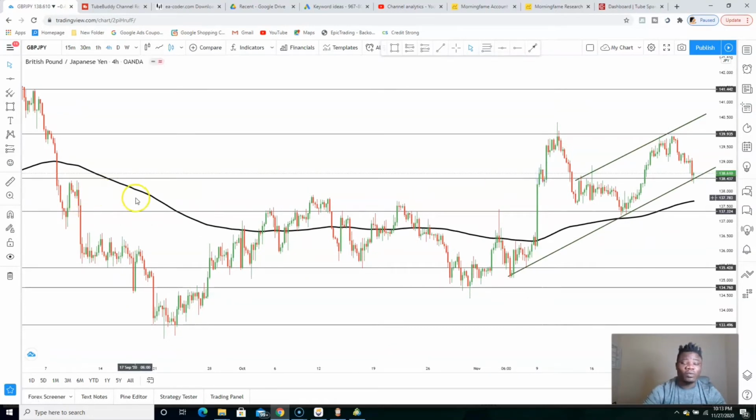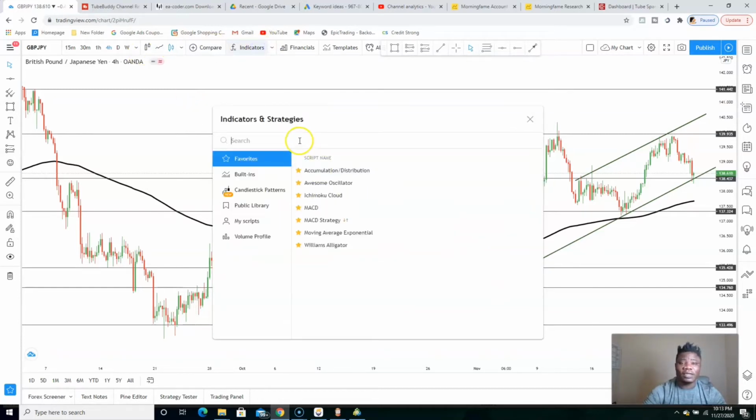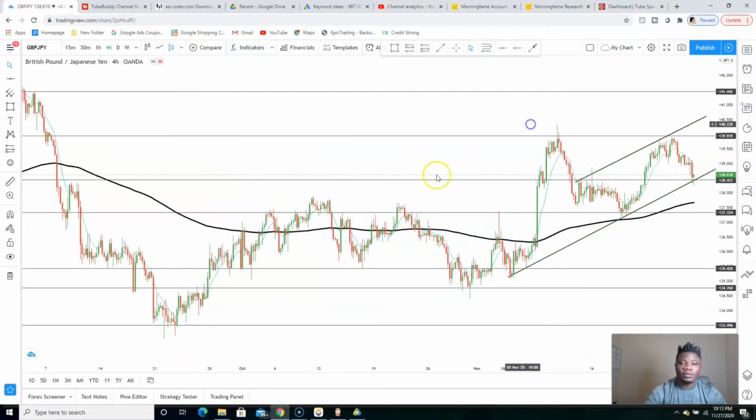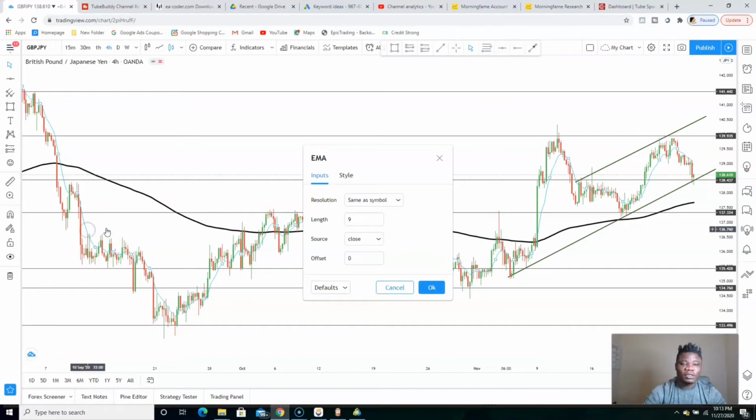So now that we have the 200 EMA and I explained how to use it, now we're going to add 2 more EMAs. We're going to add the 20 EMA and the 10 EMA. That's what we're going to be adding right now. So put in your moving average exponential, and then I'm going to change the settings. I'm going to change this to 20.